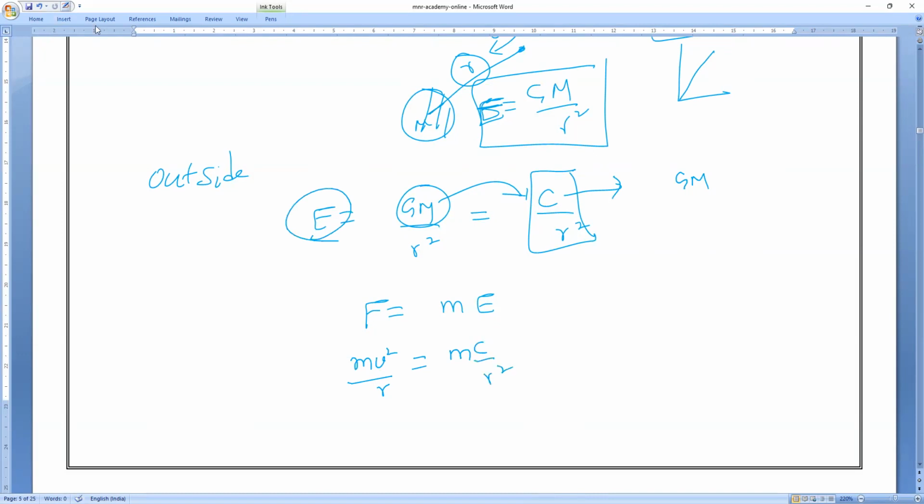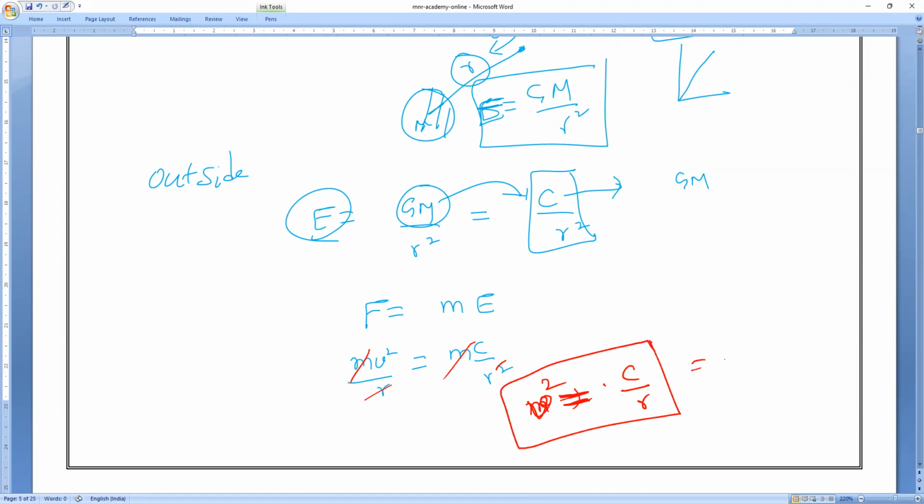Now if you notice, R and R will get cancelled, and M and M will get cancelled. So V square is equal to C divided by R. Am I right, everyone? Speak loudly, everybody.